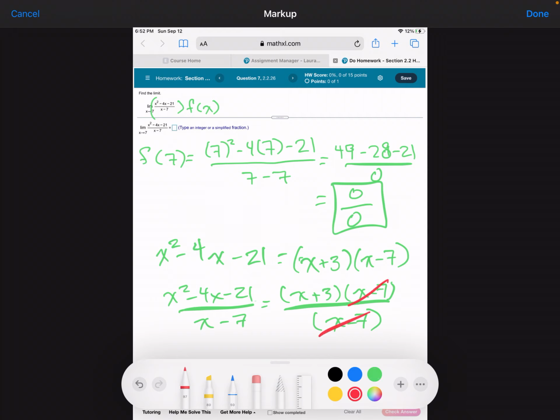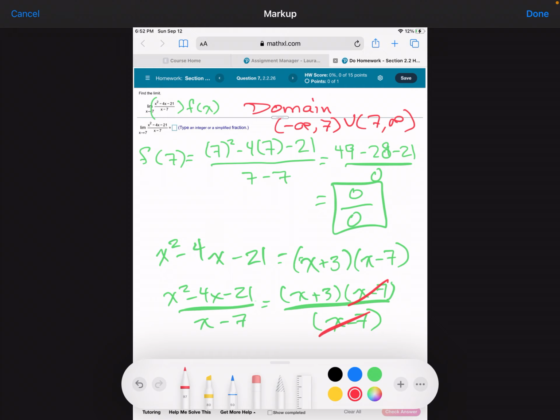As I mentioned in the previous video, if the denominator in a rational function divides out like this, that doesn't mean that 7 is okay, because the domain here still excludes the number 7. So something is going on there.